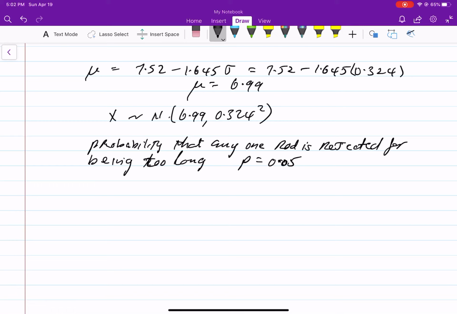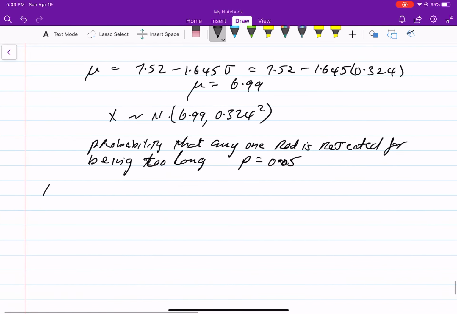Probability is the same for all. What's the fourth one? Man, my brain. I am not stopping until I find it. Yes, two possible outcomes for any one trial. You either are too long or you're not too long. So it's clearly a binomial distribution here.